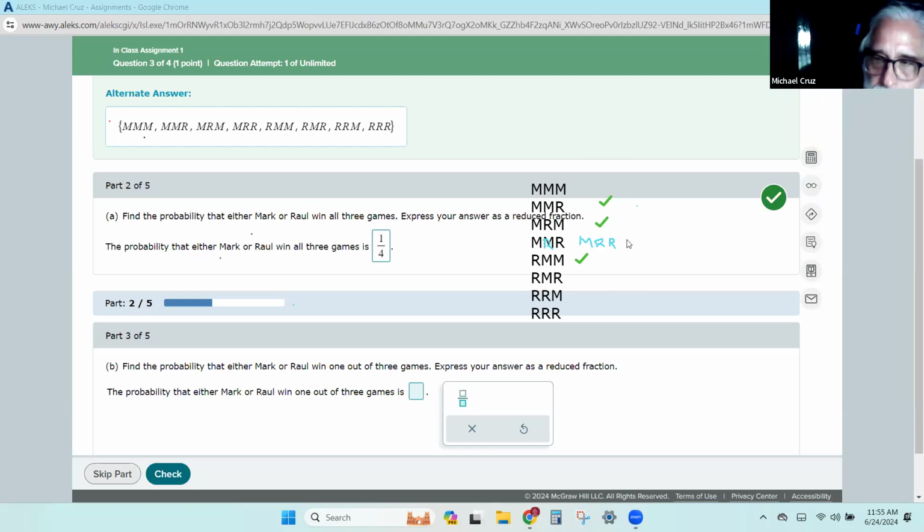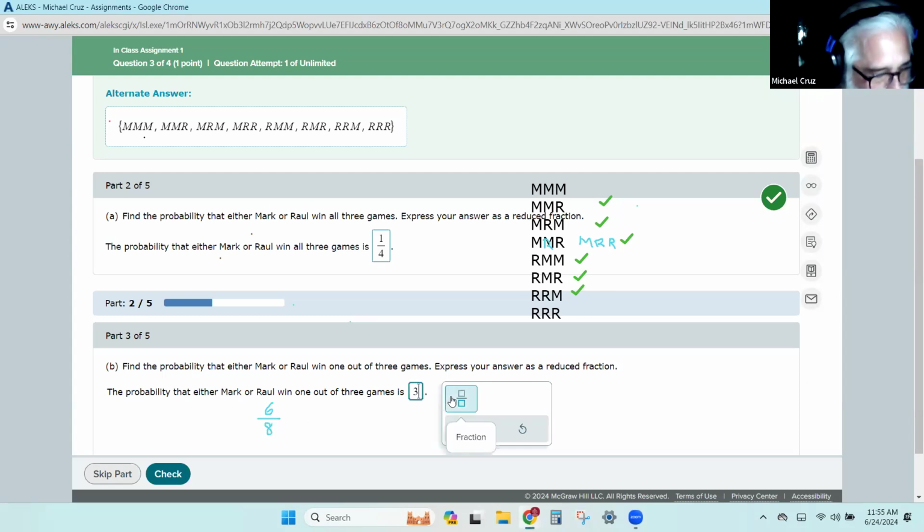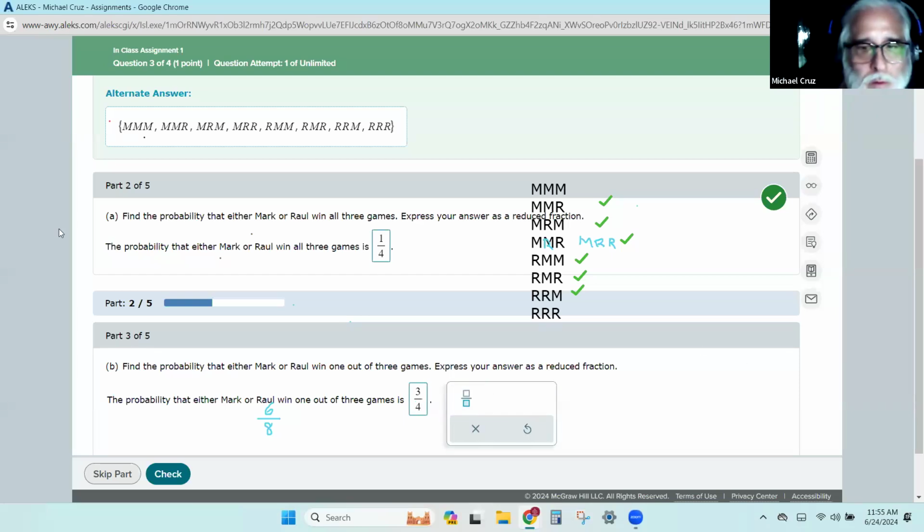But here, Mark wins 1. Here, Mark wins 1. And here, Mark wins 1. So again, it's very similar to what we answered before. It's the 6 over 8, which simplifies to 3/4.